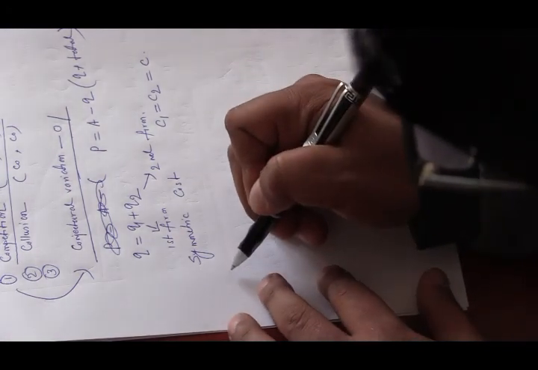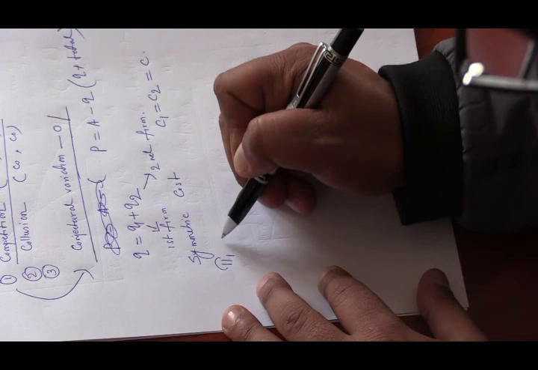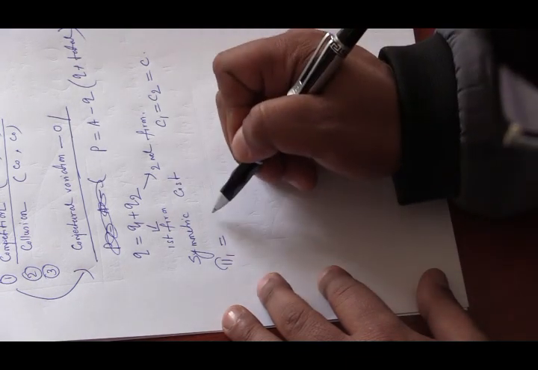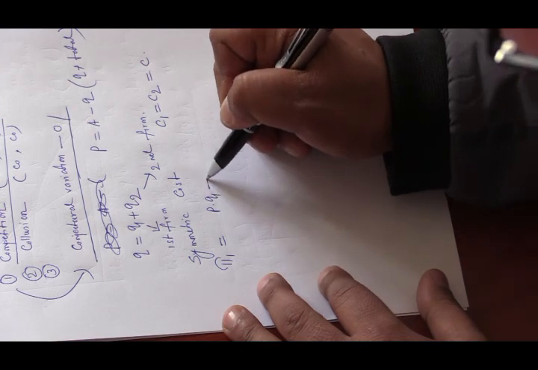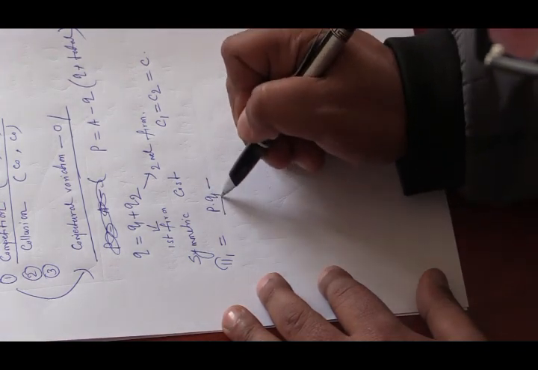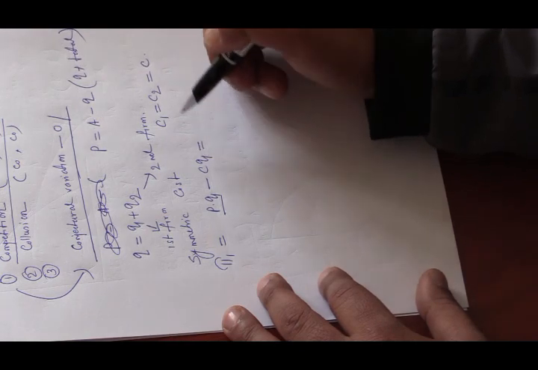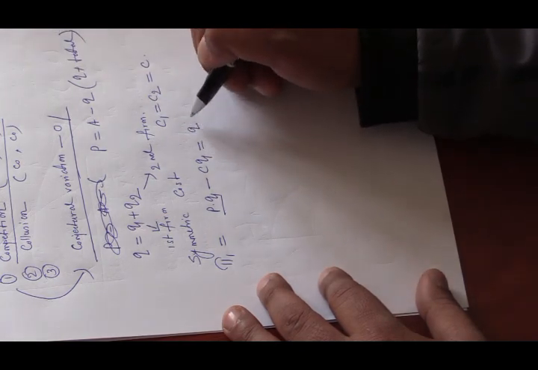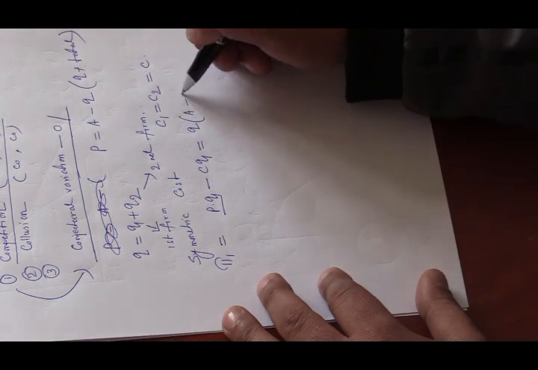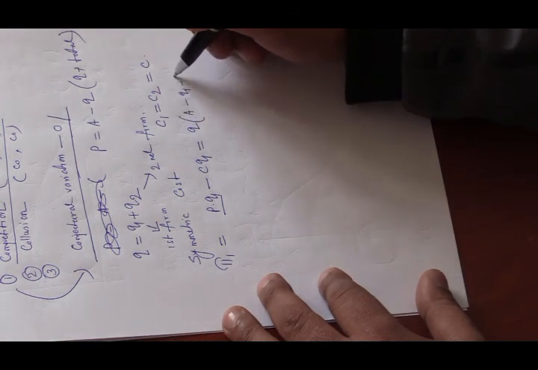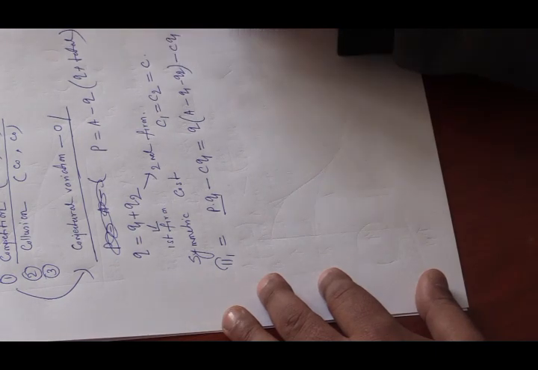So now let us consider the profit function. The profit function of firm 1 will be given as price into output, this is the revenue function, minus the cost function. So we can write Q1 into (A minus Q1 minus Q2) minus C Q1.